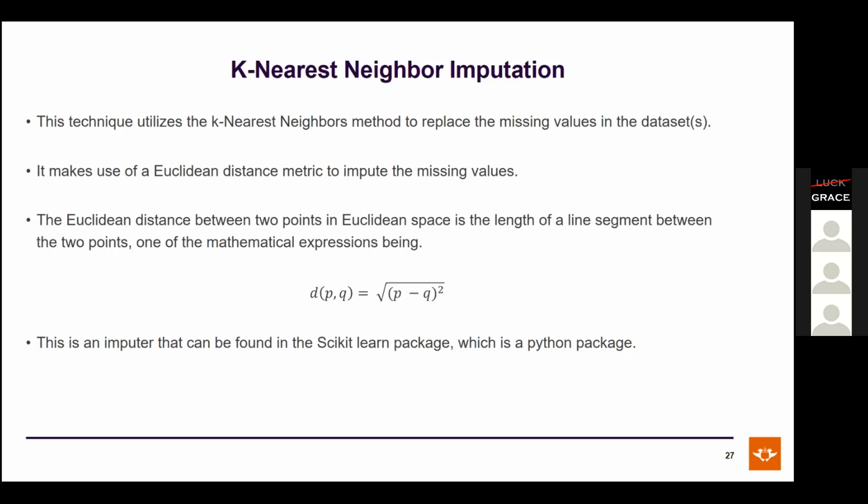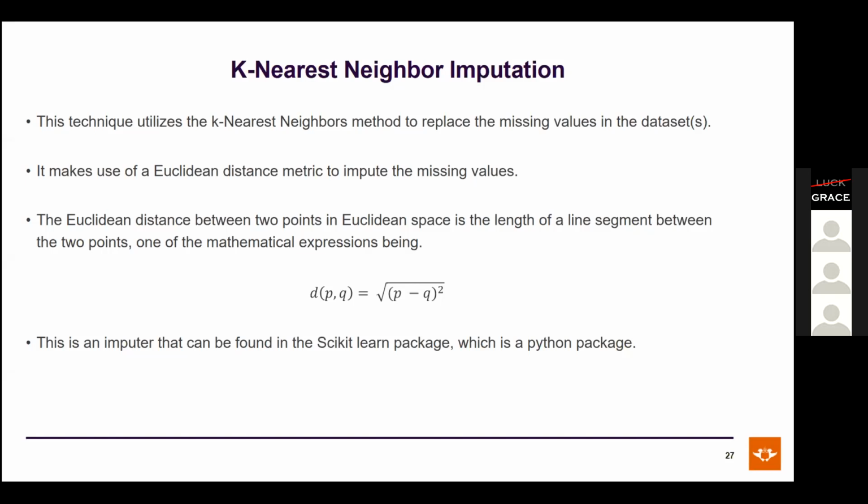It's part of the scikit-learn Python package, to be more precise. So it actually addresses the bias issue in imputations in your guesses for the missing data. So this is a technique that actually addresses that aspect.